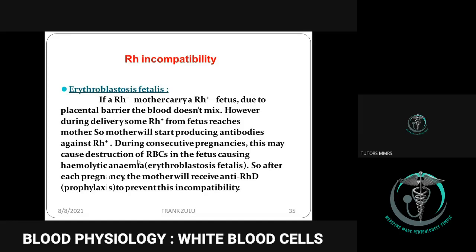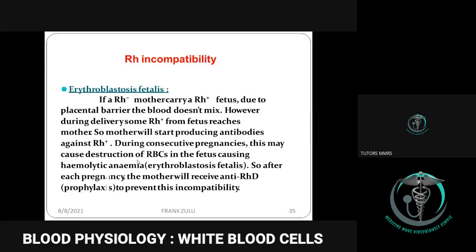I'm sure with Dr. Frank, you looked at Mendelian genetics. So for you to inherit them, remember it's coming from both the father and the mother. So you have that incompatibility, the dominant and the recessive genes, you remember them? So it's inheritance. They are both coming from the mother and the father.